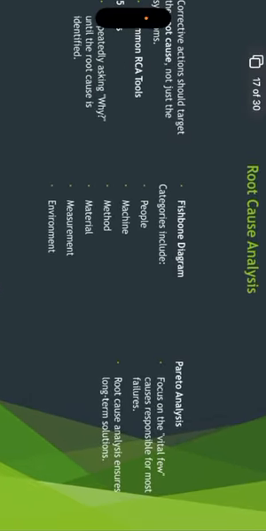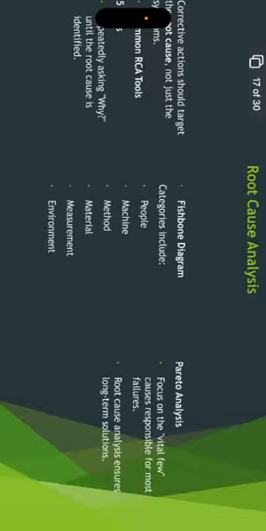We have the fishbone diagram. This categorizes involvement. What might be involved in failure? People: what is the role of people? Those that are involved in the process, the machine that is involved in the process, method of production, material used in production, measurement figures, and the environment in which it was produced.